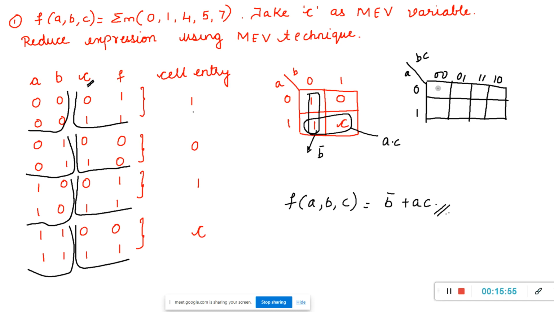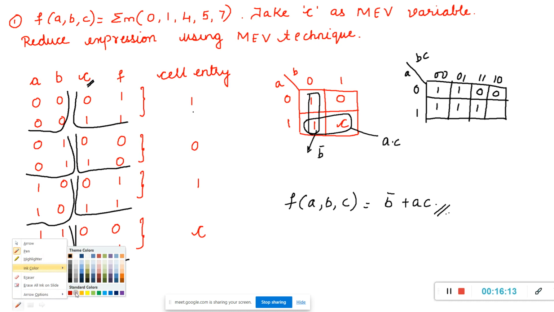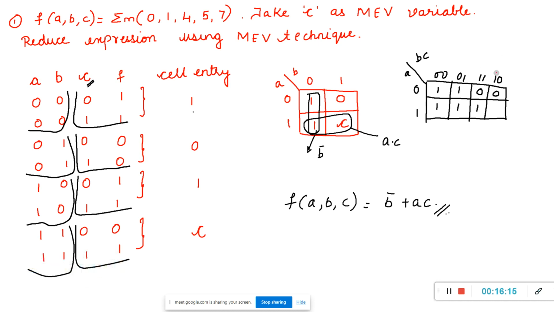Okay, so here 0 is present, 1 is present, 2 is not there, 3 is not there, 4 is there, 5 is there, 7 is there. So you need to map it as usual, here it is 0. Okay, so now group it.